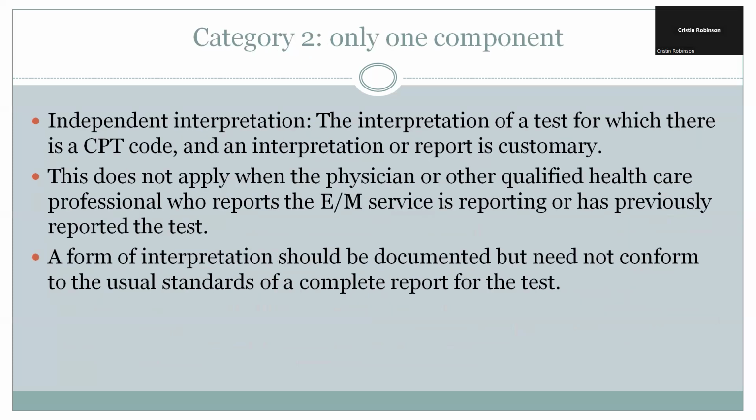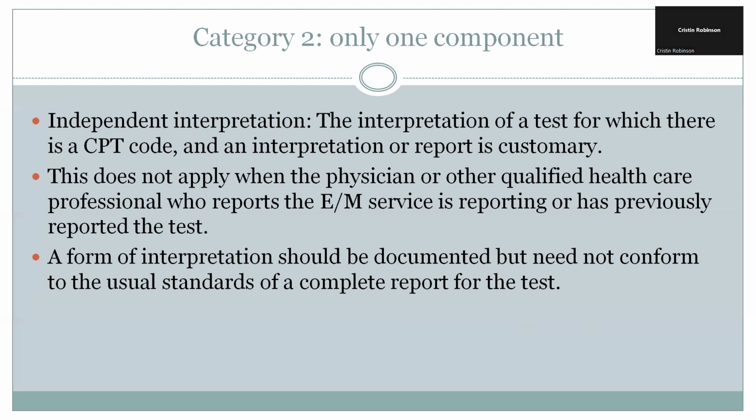Okay, let's talk about category 2. Independent interpretation. So this is the interpretation for a test that is interpretation or report that is customary. This does not apply when the physician or qualified healthcare professional reports the E&M service that is previously reported for this test.